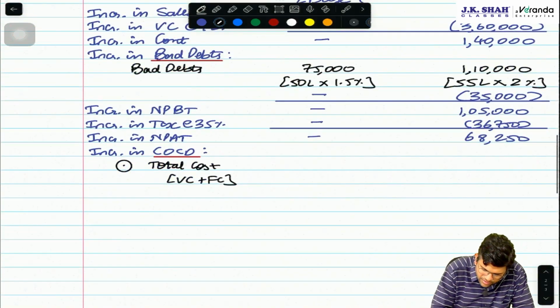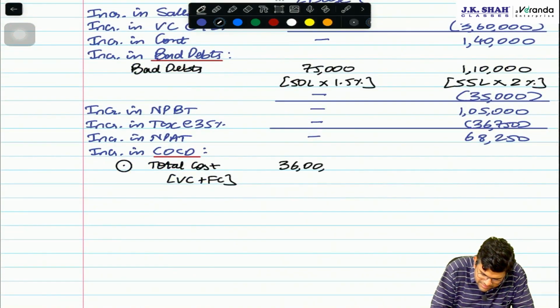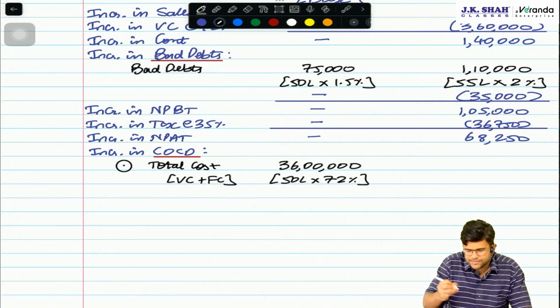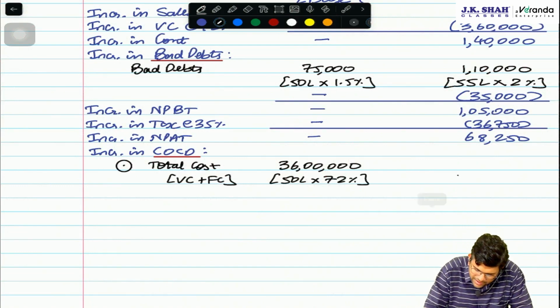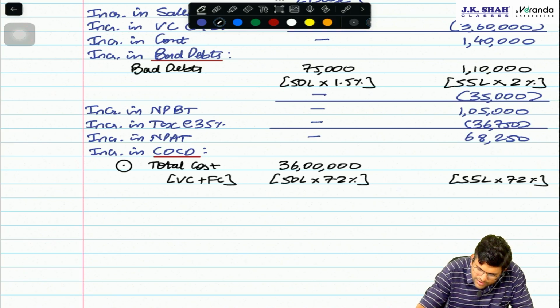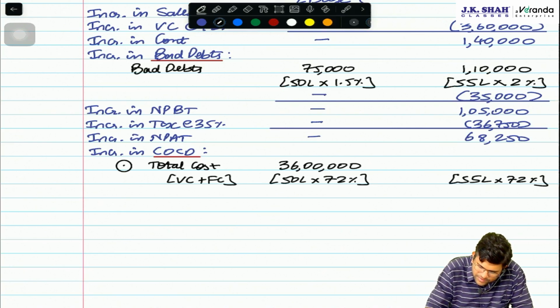As far as the proposed policy is concerned, it will be 55 lakh into 72%, and that comes to 39 lakh 60,000.